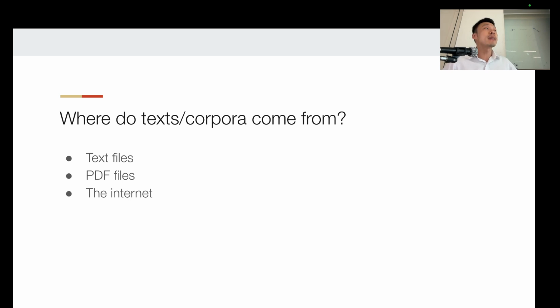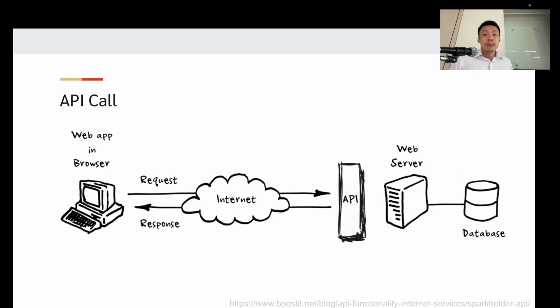And the next source is actually a very important source. It's the internet. The internet has a lot of text data that we could use. Let's talk about the internet. Usually it's from some API calls, right? So you have some API, you get some text back. Usually, if you get the data from an API, it's okay because you might pay for it.